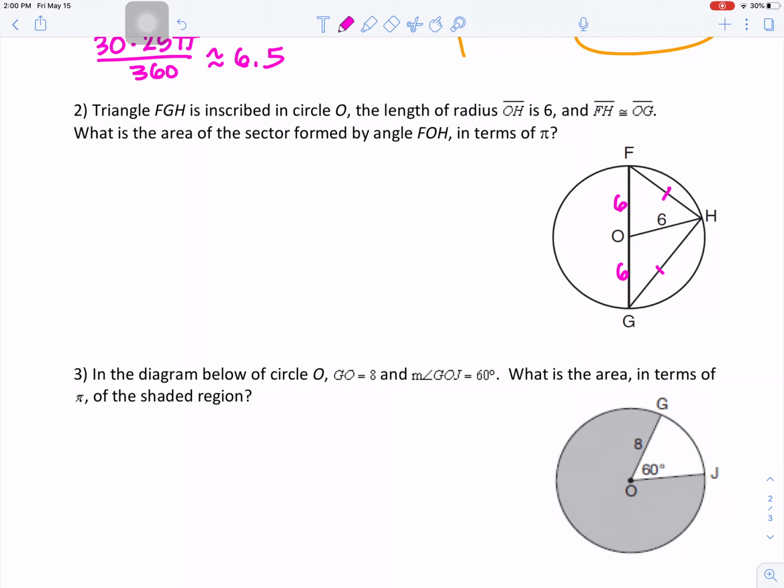So what we're looking for here is this. We need to know how big that central angle is.